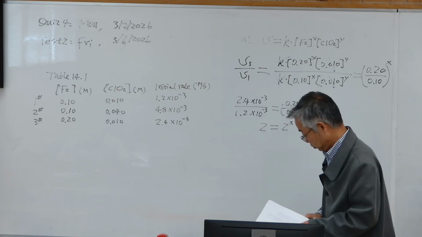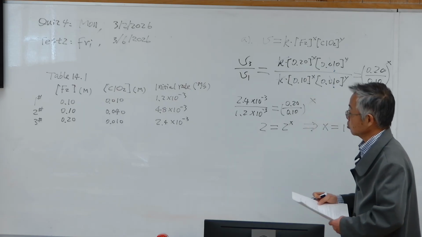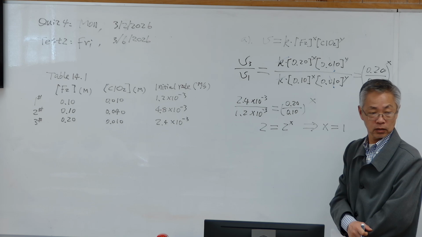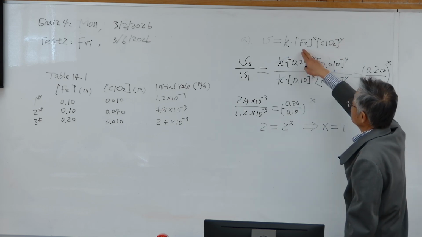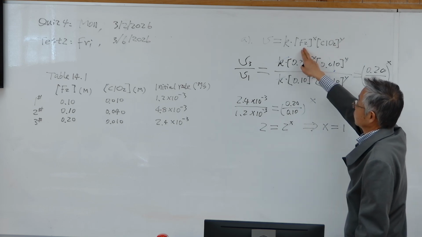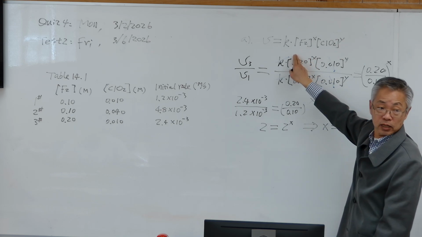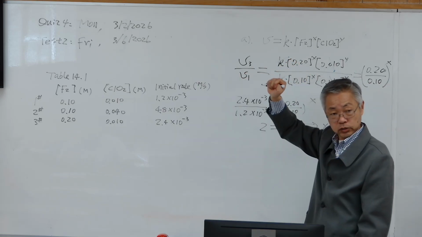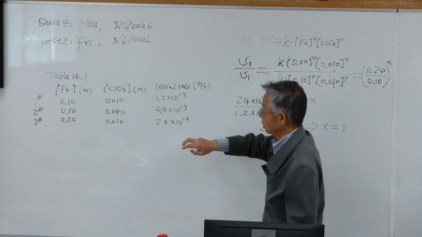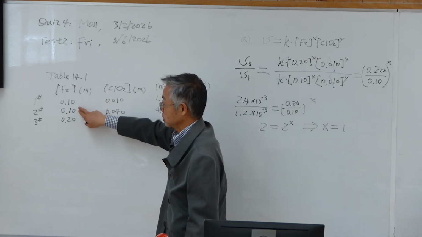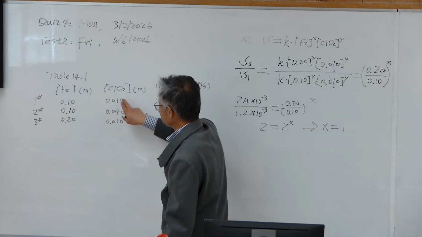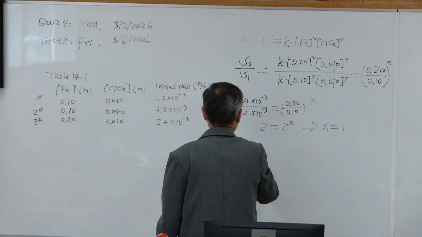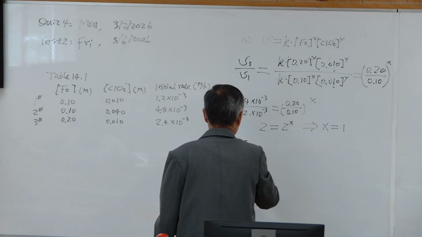Then which two experiments do we need to choose to figure out Y? To figure out Y, you need these two experiments to have the same F2 concentration, so X can be cancelled, while the ClO2 concentration varies. So clearly only these two: F2 concentration the same, ClO2 concentration varied. So we choose experiment 2 with experiment 1.